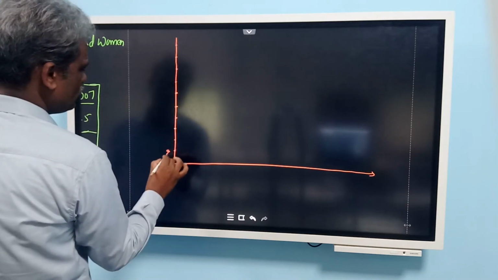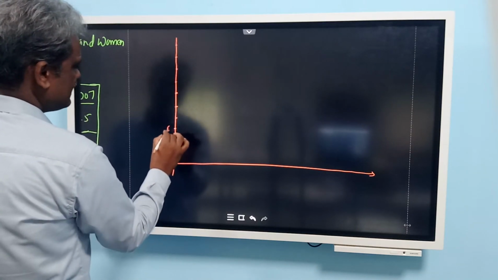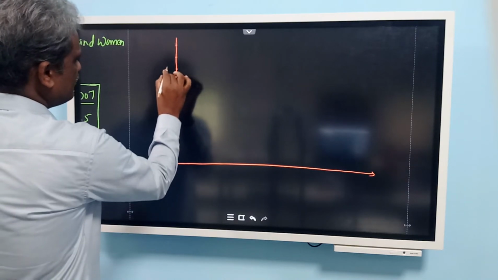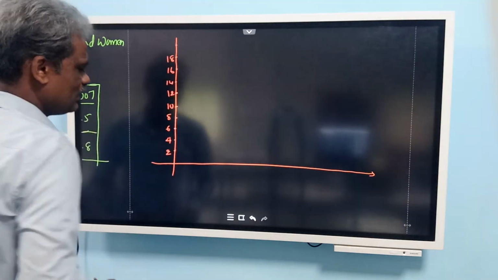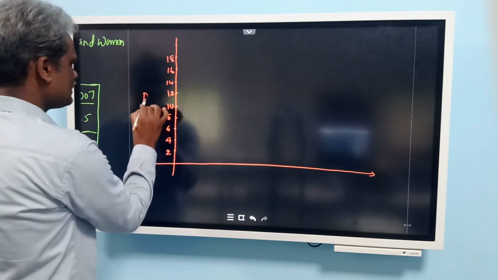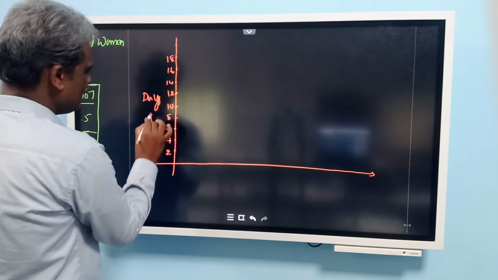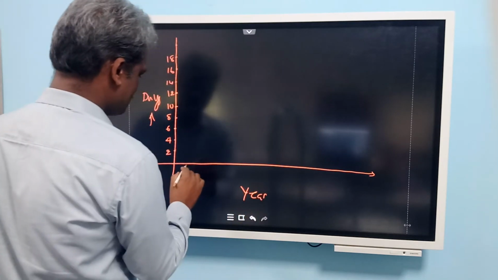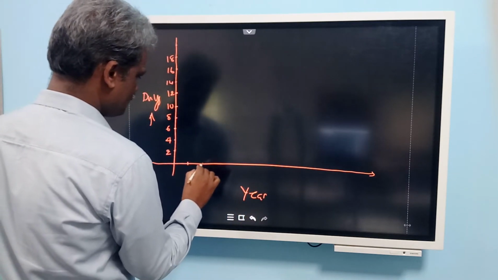I'll take 2 units: 2, 4, 6, 8, 10, 12, 14, 16, 18 like this along the vertical. Let us take days on the vertical line and years on the horizontal line. So let me write.